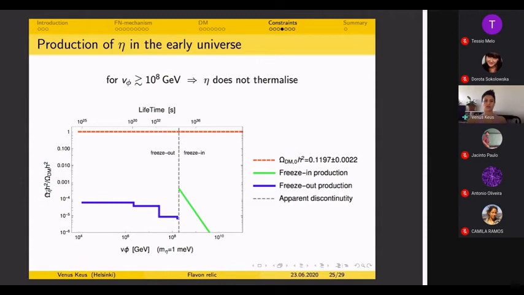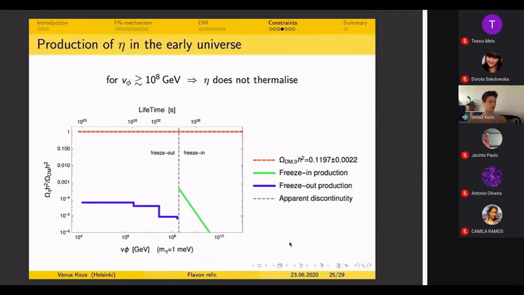So they always normalize the abundance of your decaying particle by the abundance of dark matter today, which means that if you're on this red line, that's when you are contributing to 100% of the dark matter abundance. For the example that I've chosen, our abundance is well below the 100% dark matter relic density, it's like 10 to the minus 4. So it's very, very small.